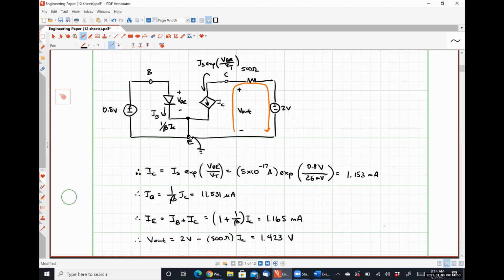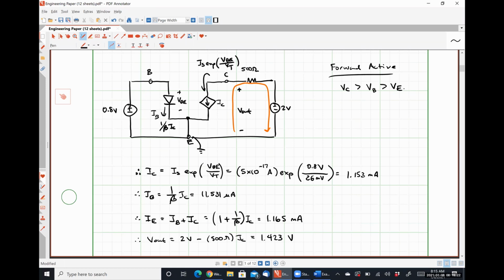So is this circuit operating in the forward active bias region, the forward active mode? The conditions for that, just to be clear, is that VC is greater than VB is greater than VE. Also, I think I probably wrote it the other way around.